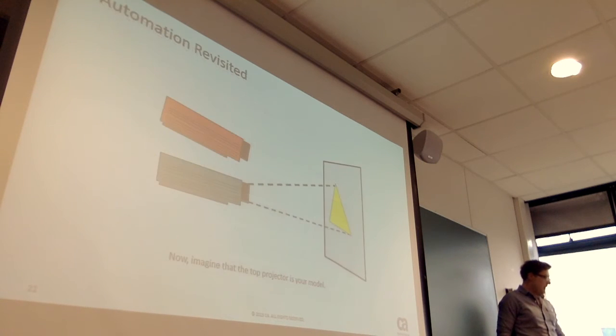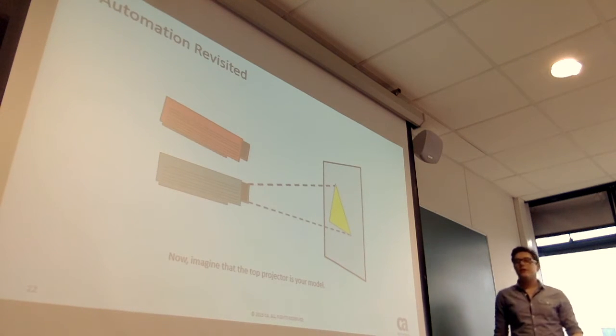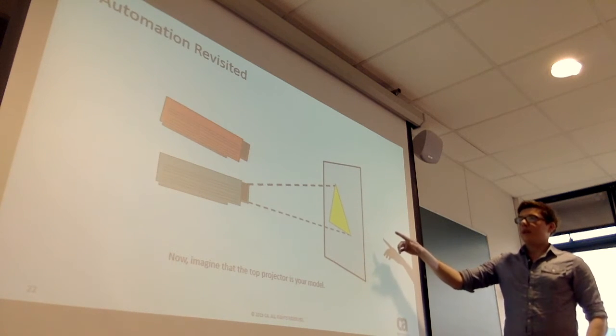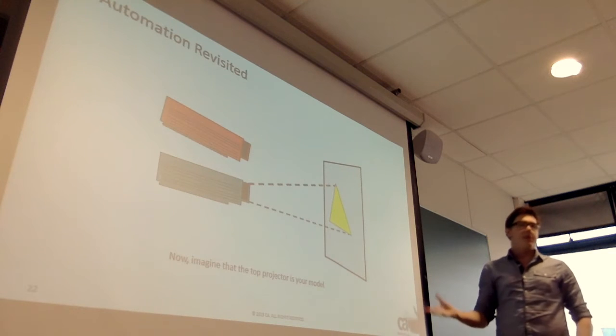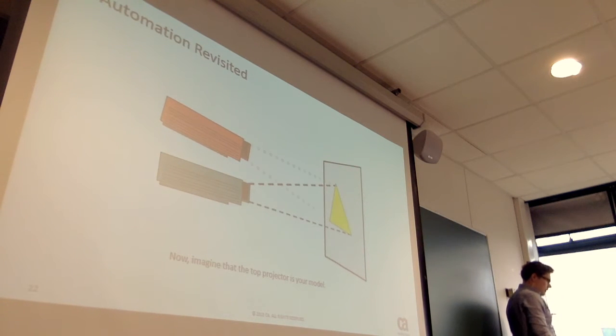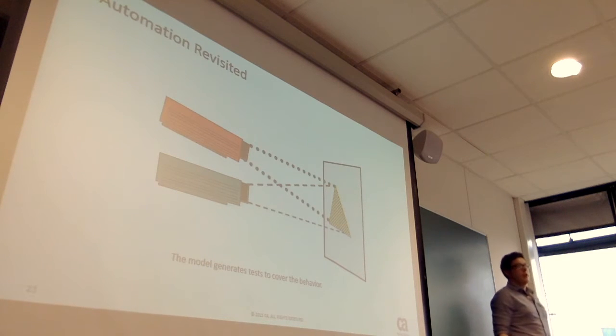So just to revisit our visual model here, we've got the bottom projector, which is our system, projecting this triangle. Now, in the top left, the red one is going to represent our model. So what we're going to do is create a model of our system.